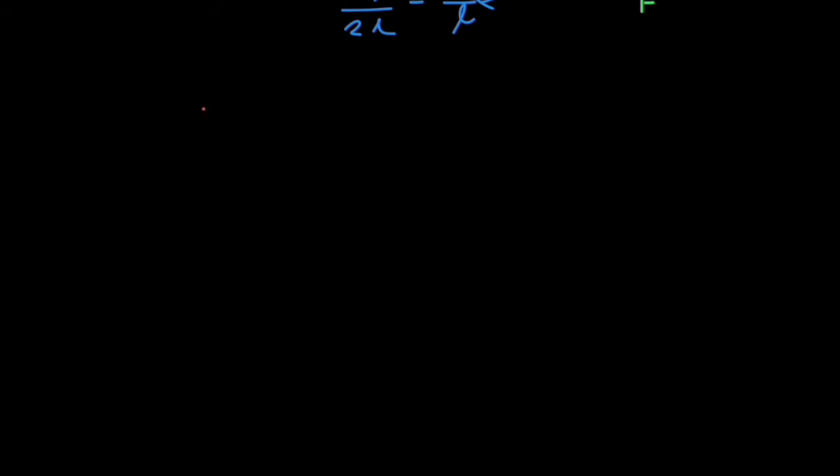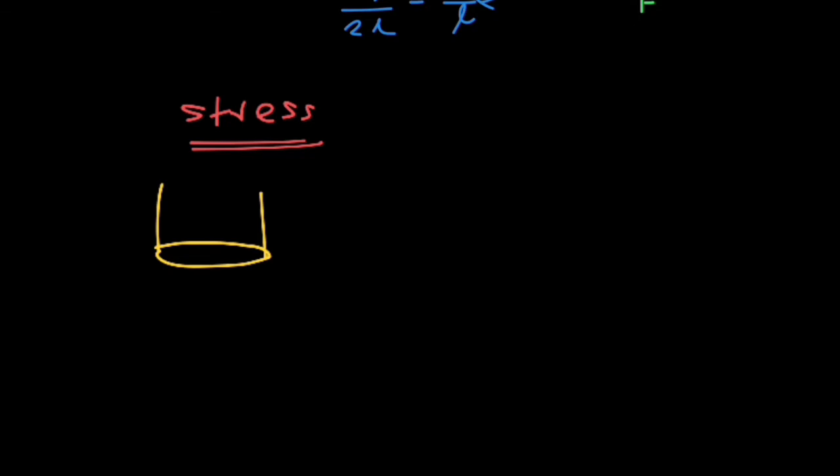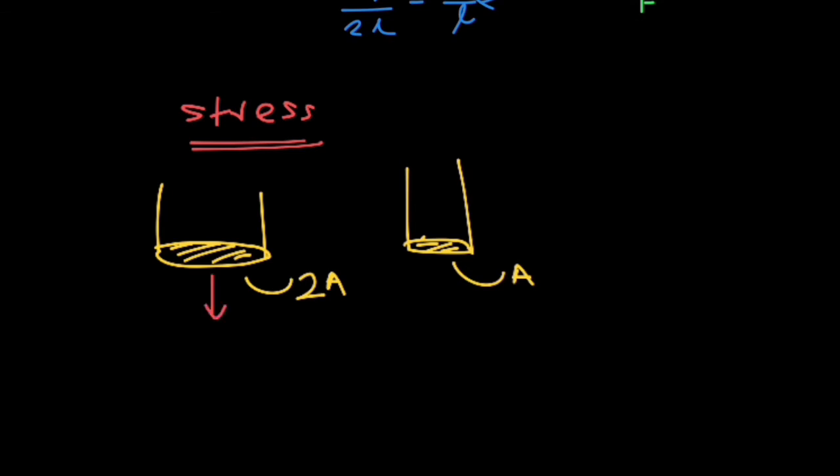Now let's talk about stress. Let's go through an example first, so you should understand better why we consider stress. I have a wire of cross-sectional area 2A and a wire of cross-sectional area A. Now let's assume you are applying a force of 5 newtons for both the wires.